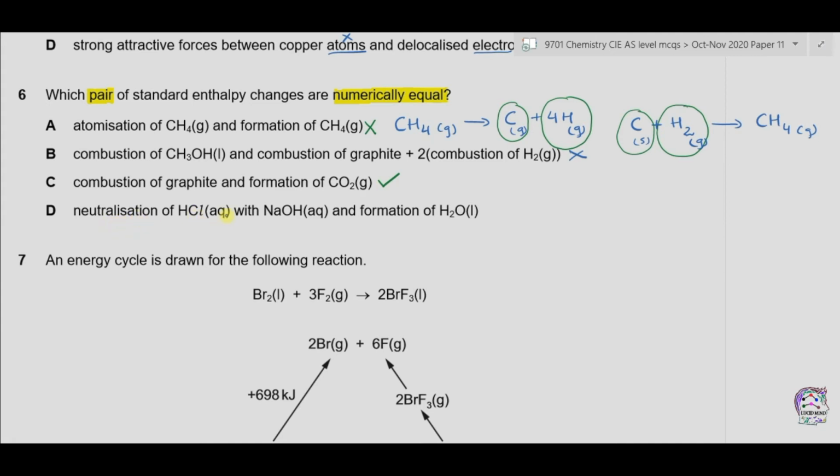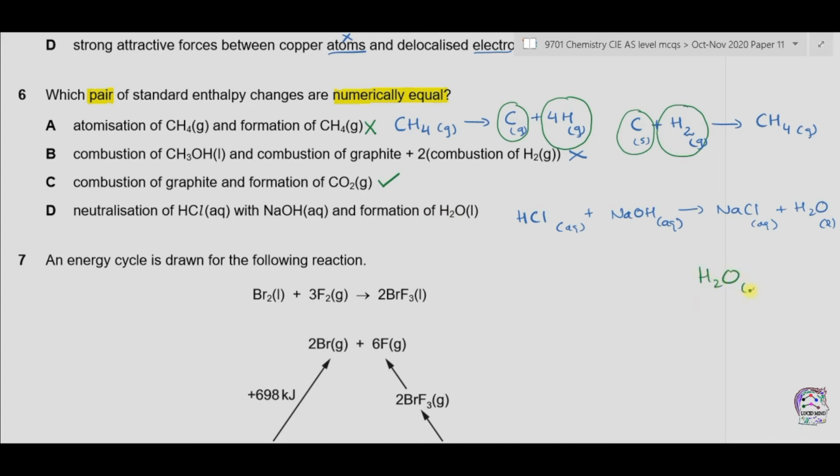D. Neutralization of HCl with NaOH aqueous and formation of H2O. Neutralization of HCl and NaOH can be shown by this equation. We have HCl aqueous, sodium hydroxide aqueous. It forms sodium chloride along with water. Secondly, we can write the equation for formation of H2O liquid.